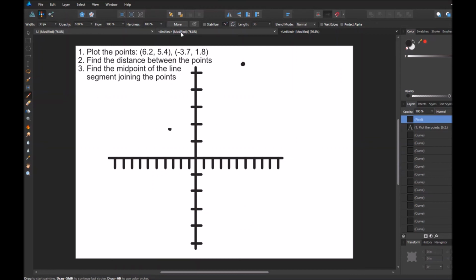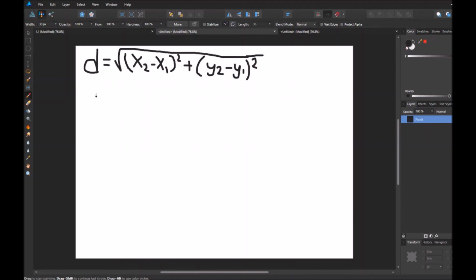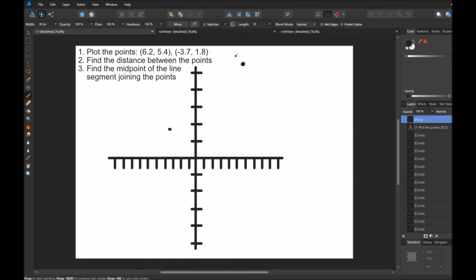Now we have to find the distance between the 2 points. So our x2 is going to be -3.7 minus our x1, which is 6.2.